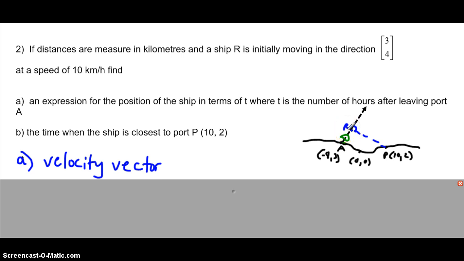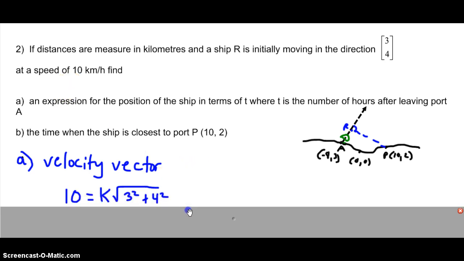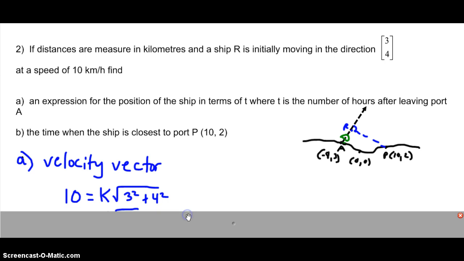So to represent R, we need to find the velocity vector. They told us the speed is 10 kilometers. So we know our speed is 10, and what we don't know is what our k is. We do know the magnitude of our direction vector, so we can put 3 squared plus 4 squared, and then multiply by k to equal 10.